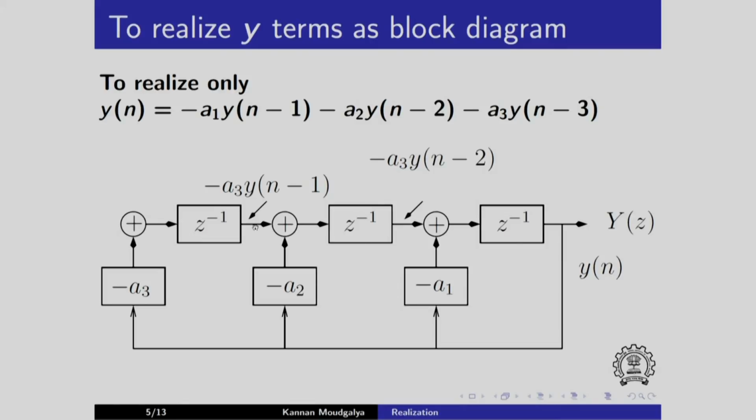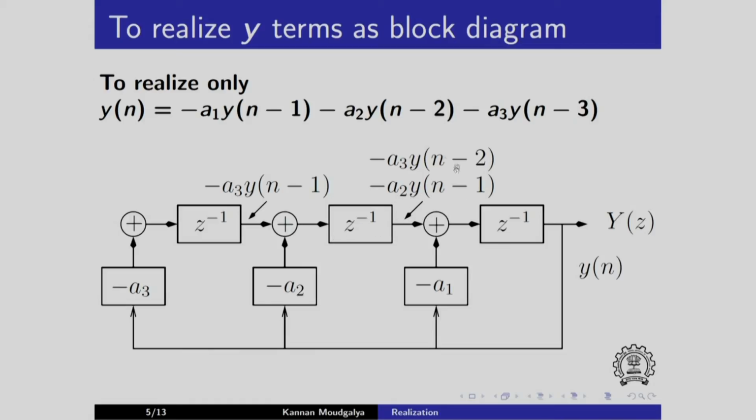So I have this, so here it is minus A3 into Y of n minus 1. When it passes through one delay, I have minus A3 into Y of n minus 2. So that comes from here, but we have an additional term that comes from here, that is because of minus A2. So that becomes minus A2 into Y of n minus 1 because of one delay.